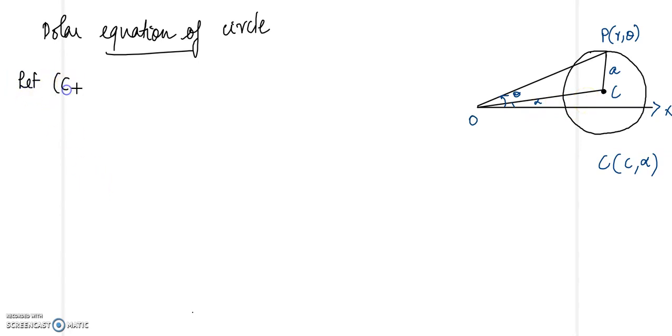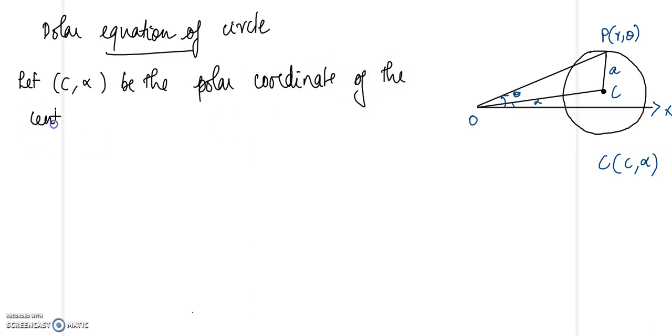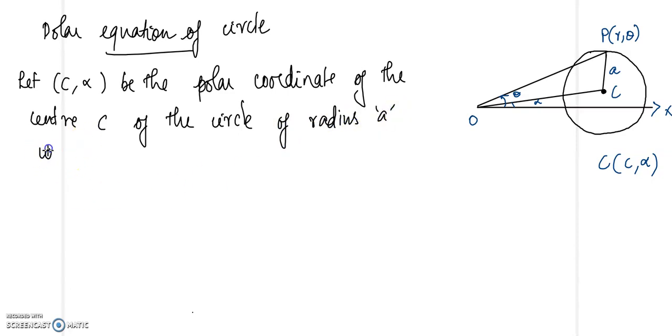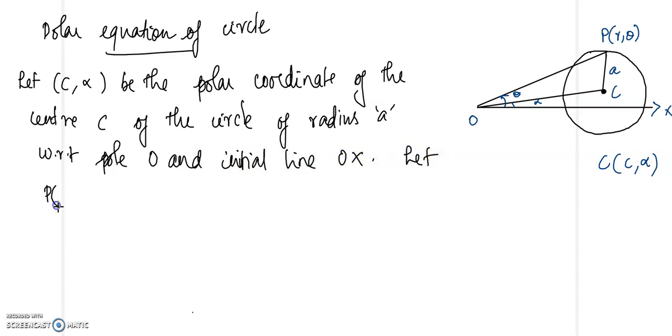So let C alpha be the polar coordinate of the center C of the circle of radius a with respect to pole O and initial line, and let us take P of r theta to be any point on the circle.